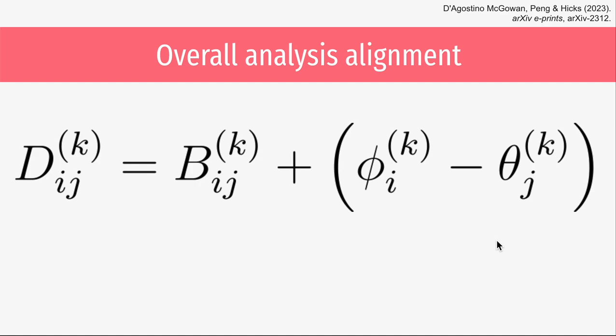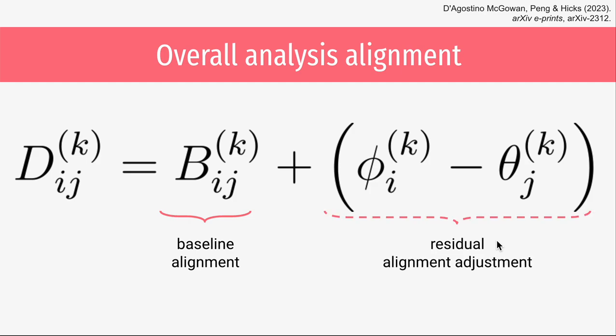Then the overall analysis alignment, D_ijk, for a particular principle k, would be that baseline difference plus the difference in the change for the analyst and the audience. Again, this B_ijk here is the baseline alignment. This is how aligned they are at baseline. And then the difference between these parameters is the residual alignment adjustment between the audience and the analyst.